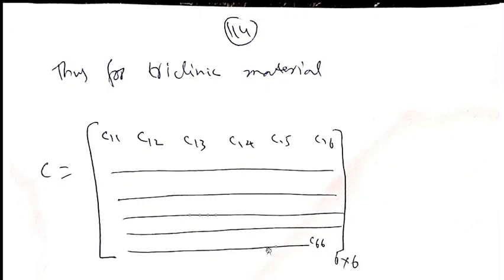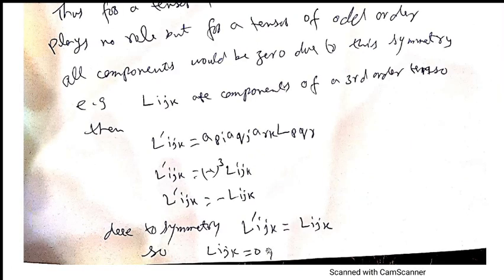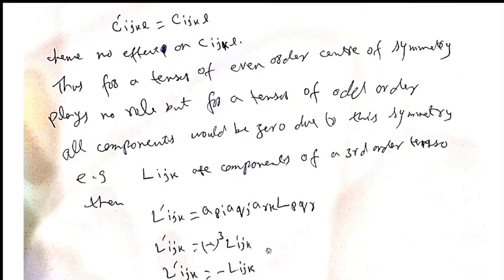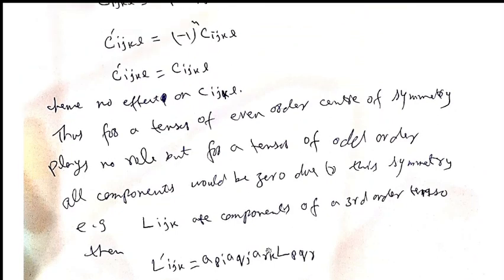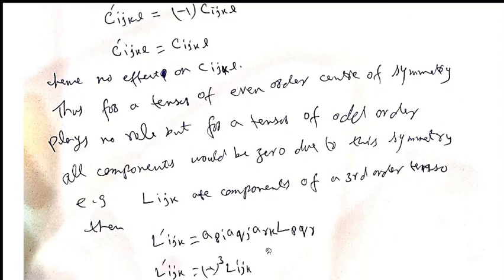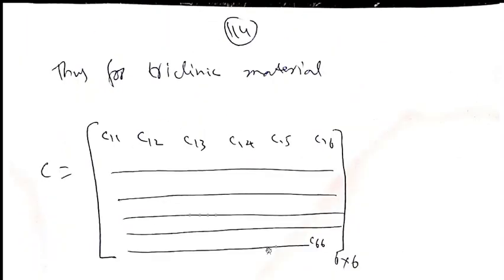Now for triclinic material, as we know, there is no effect on the elasticity matrix C, so we can write the elasticity matrix this way. No component is 0: C11, C12, C13, C14, C15, C16, C22, C23, C24, C25, C26, and all other elements.